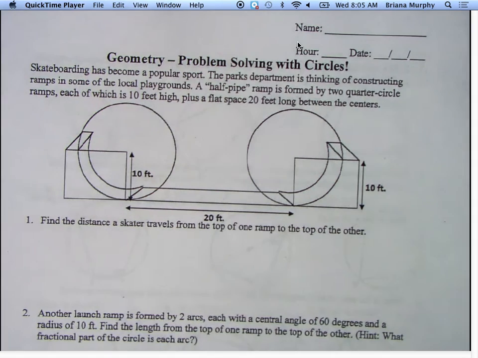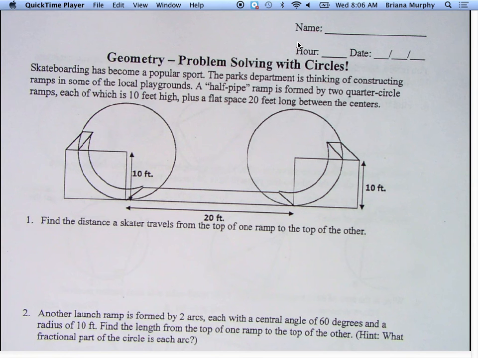So, find the distance a skater travels from the top of one ramp to the top of the other.